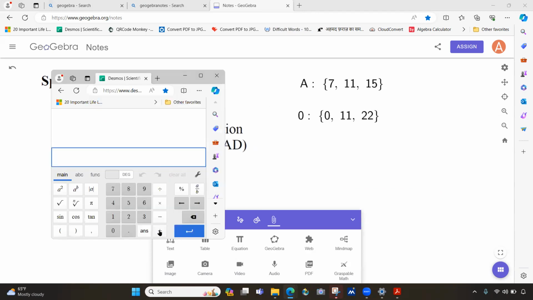Take a look at the first data set, 7 plus 11 plus 15 divided by 3.